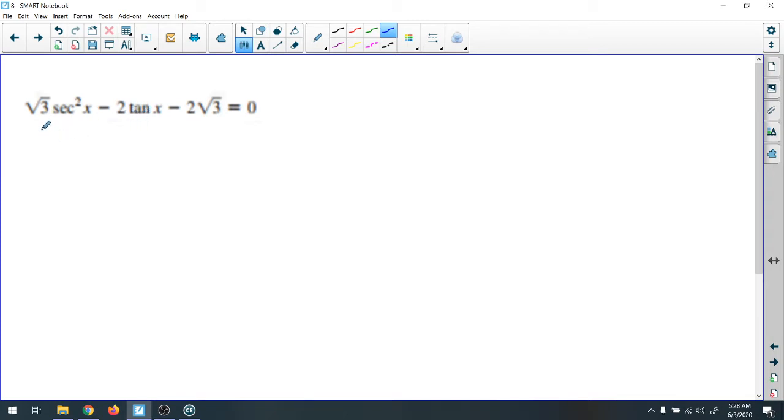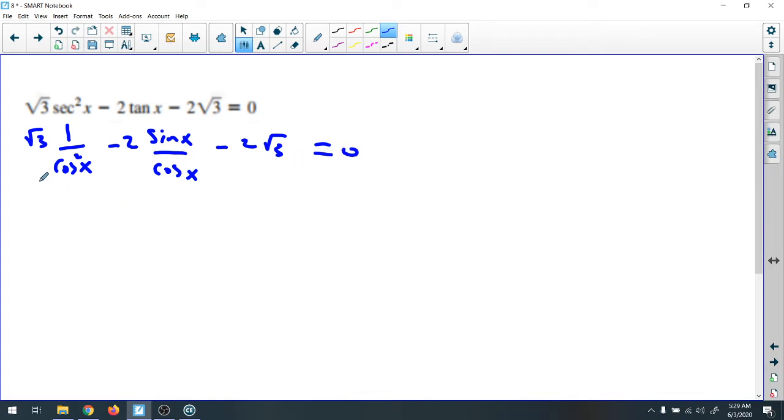So this will be a square root of 3, and secant is 1 over cosine, right? Minus 2, tangent is sine over cosine, fine. Minus 2 square root of 3 equals 0.